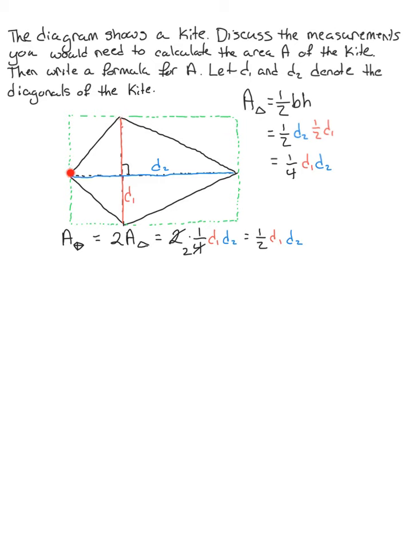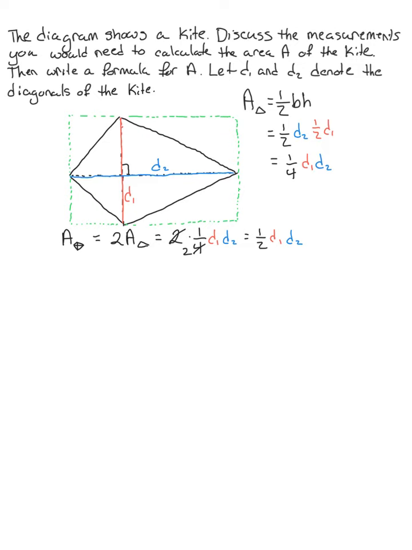Because if we took this part of the kite and copied it, it would fill up this triangle here. If we copied it, it would fill up this. And this triangle here, if we copied it, it would fill up this. And same with this one up here. So that means if we take the area of the entire rectangle and divide it by 2, we will get the area of the kite.